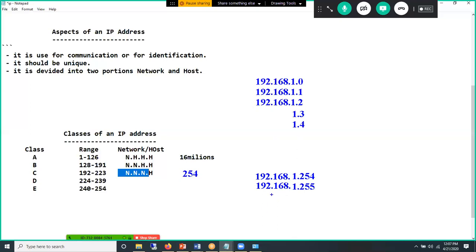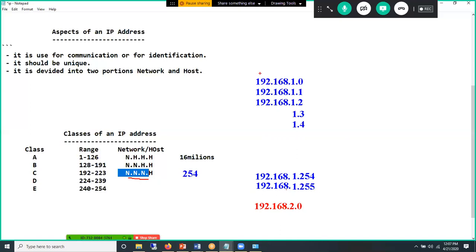Now after that, if I want to give the next IP, it will be 192.168.2.0. Okay. So remember, when you use class C, we have to remember 3 portions are network.